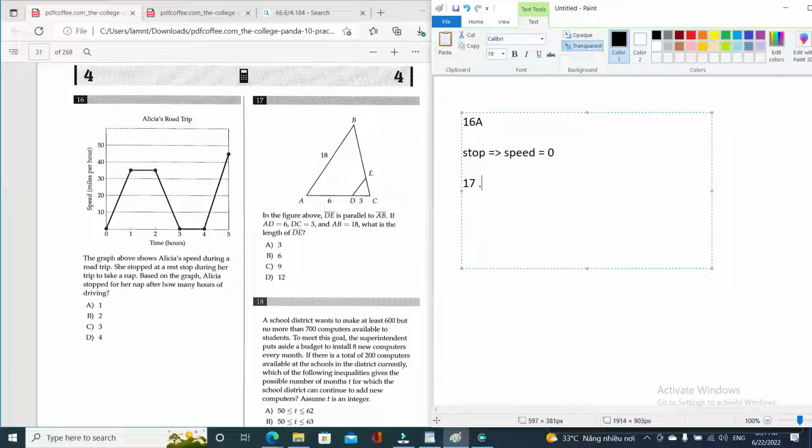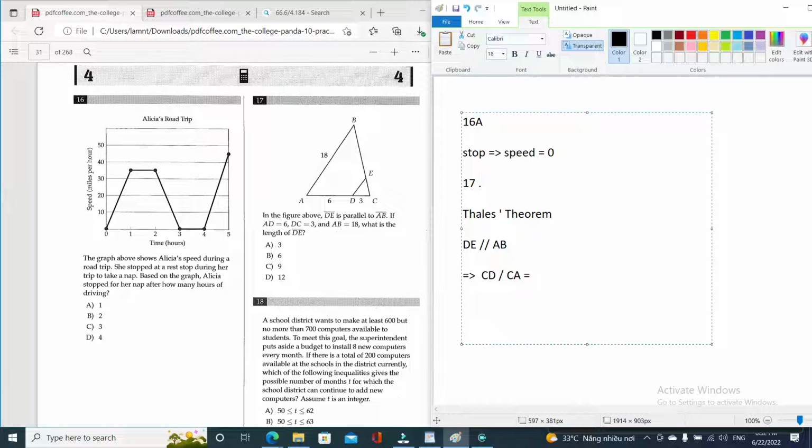17 is going to be an exercise using Thales theorem. Because DE is parallel to AB, we have the ratio. They ask DE, right? So CD over CI is going to be equal to CD over CI.